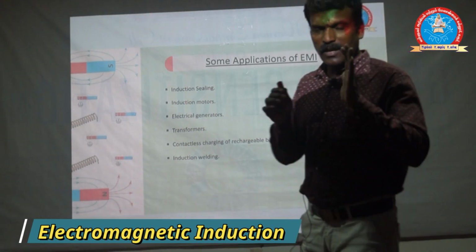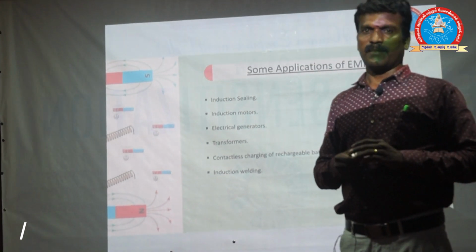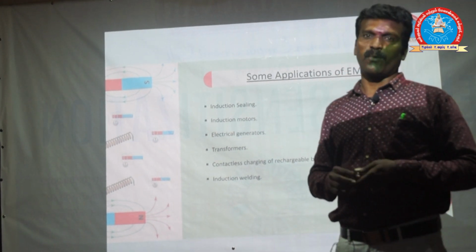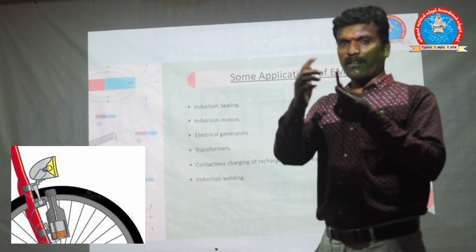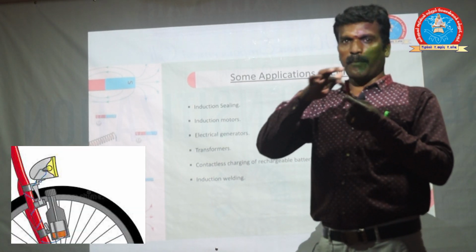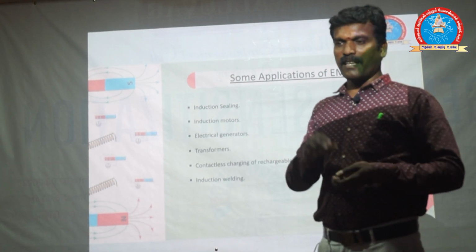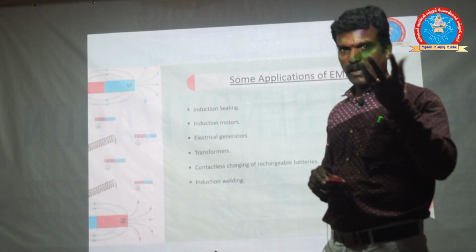The best example is the cycle dynamo, which we used in previous years. In the cycle dynamo, the magnet is stable and the coil is around the magnet. When we move the bicycle, the wheel rotates, then the coil also rotates, the electricity is produced, and the bulb will glow.